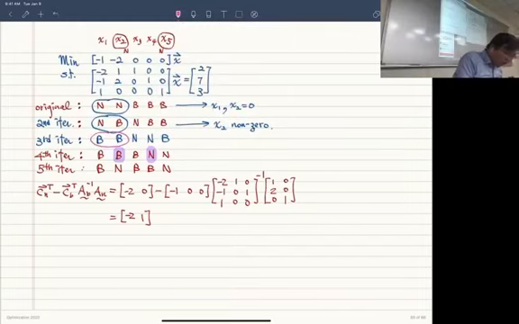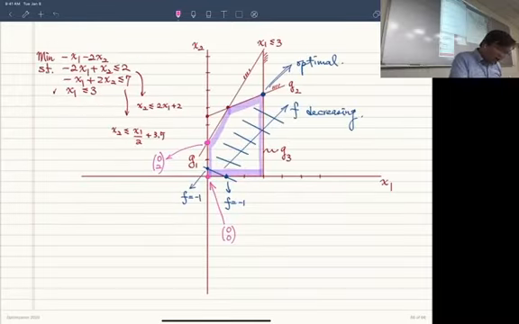They both, x1 and x2 become non-zero. Okay? So supposedly, we are moving on to this point, actually. We are actually moving along these directions.